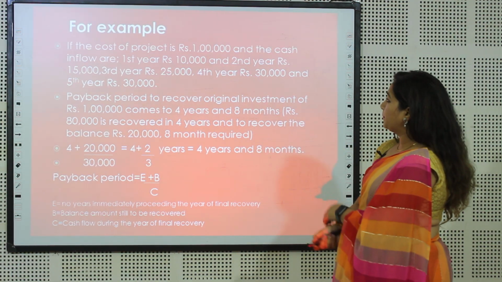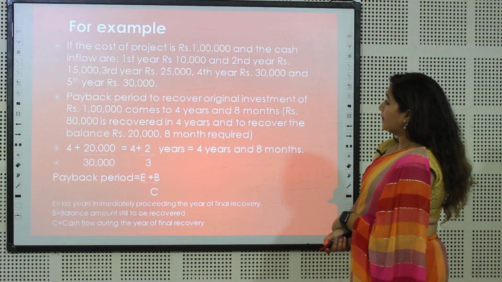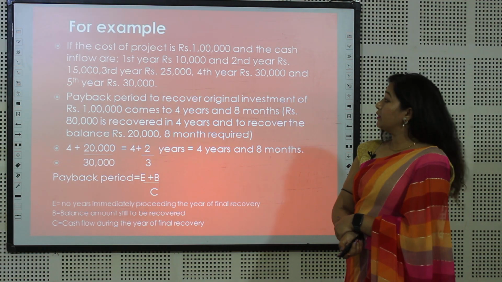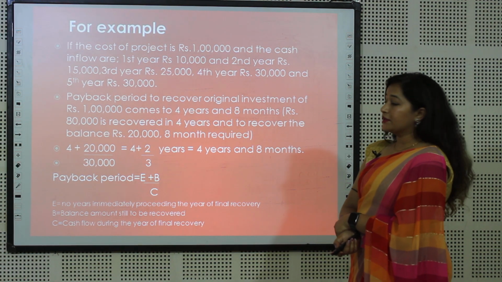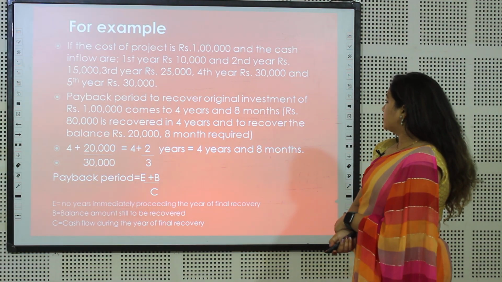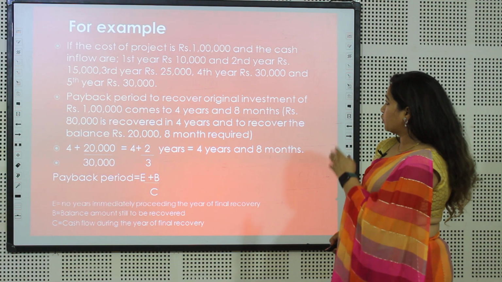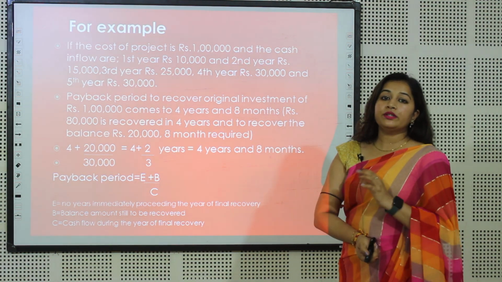Say for example, if the cost of the project is 1 lakh and the cash inflow in the first year is 10,000, second year 15,000, third year 25,000, fourth year 30,000, and fifth year 30,000. It shows every year the cash inflow is different.